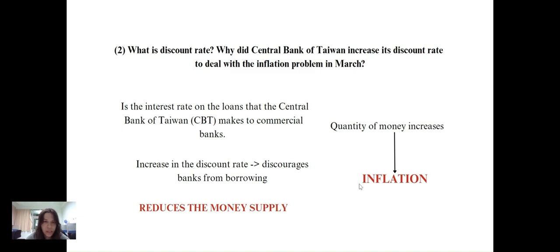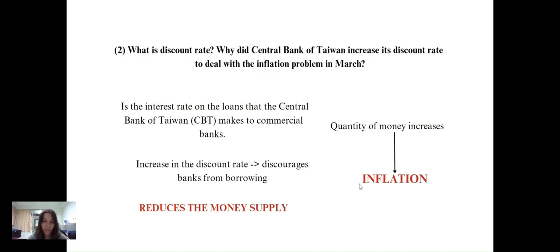The discount rate is the interest rate on the loans that the Central Bank of Taiwan (CBT) makes to commercial banks. It is a tool used by the CBT to influence the money supply and overall economic activity. An increase in the discount rate discourages commercial banks from borrowing funds from the central bank.